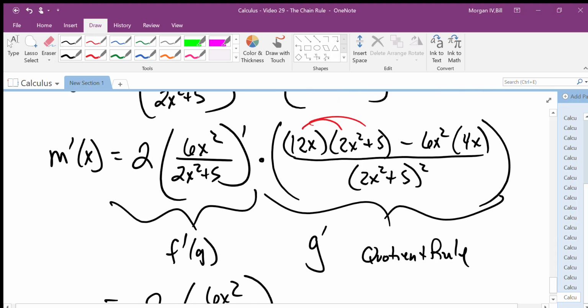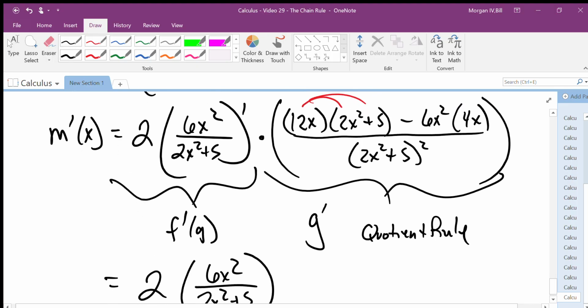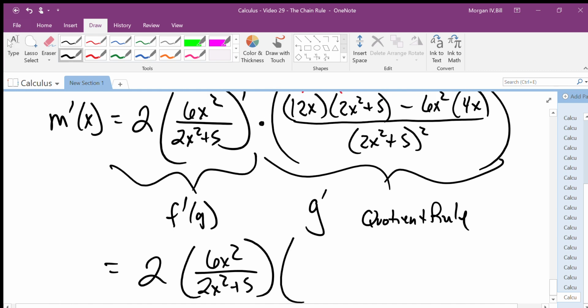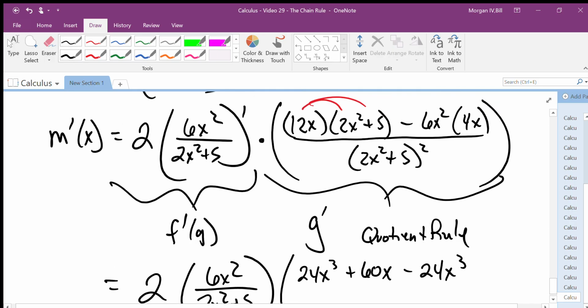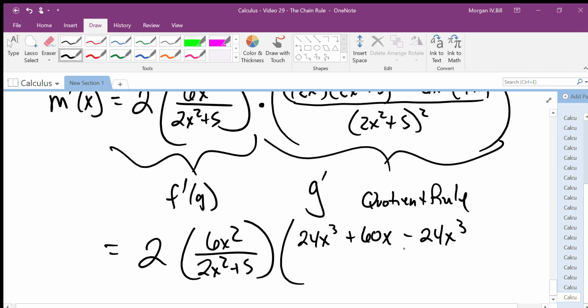Well, it's to the power of 1, so I'm just going to leave it. And then times 12x times 2x squared is 24x to the third. 12x times 5, 60x. Minus 24x to the third. 6 times 4 is 24, x squared and x to the third. Over 2x squared plus 5 squared.